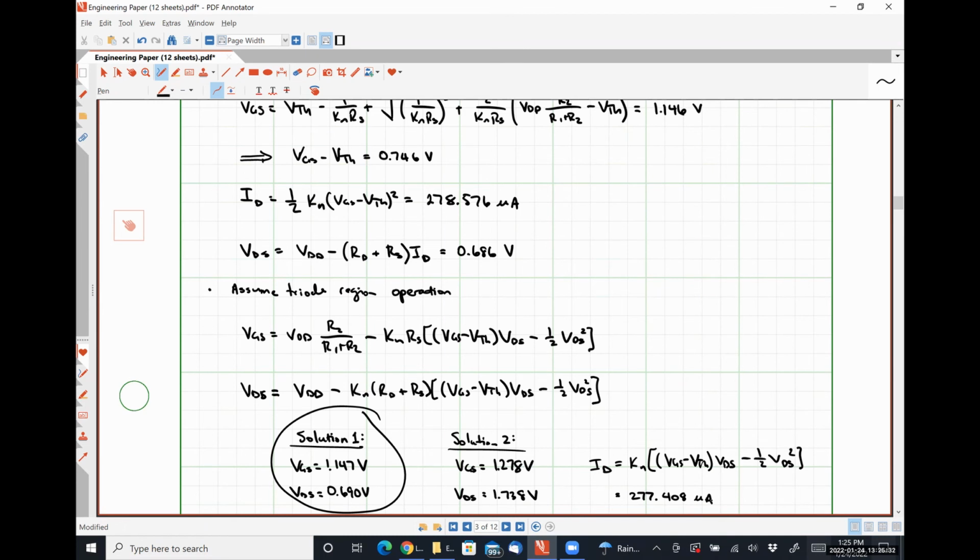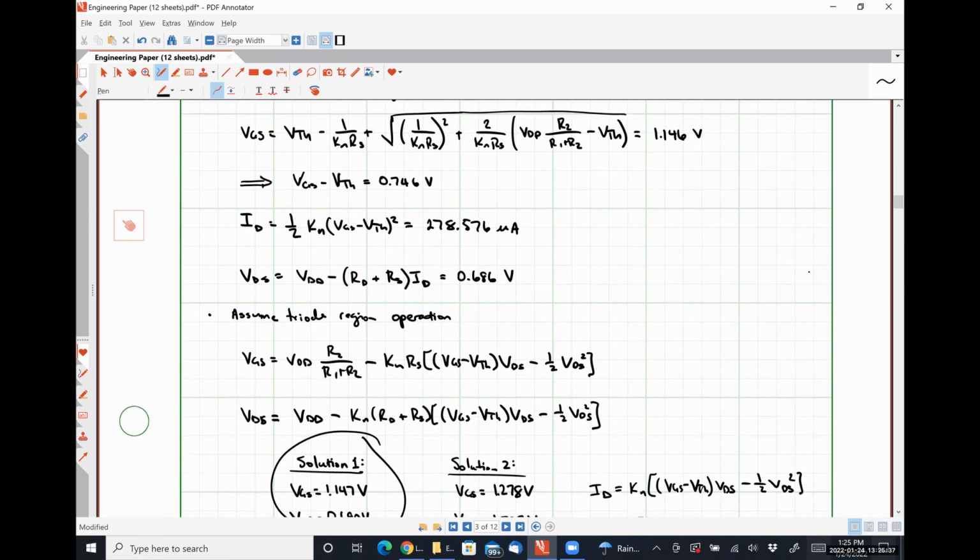So just to reiterate, let me scroll up here. We decided that we were not finished with the problem after assuming saturation mode operation because our numerical value for VDS was less than our numerical value for VGS minus VTH, which cannot be true in the saturation mode operation. So that's why we tried triode.